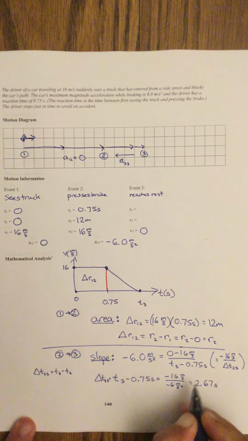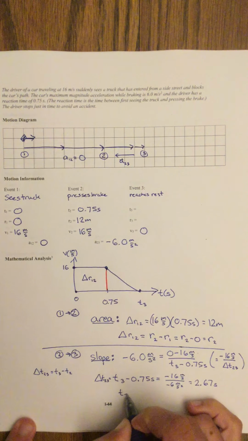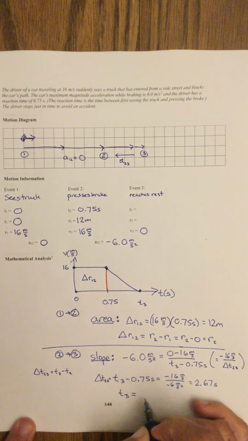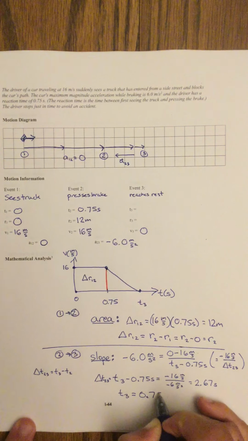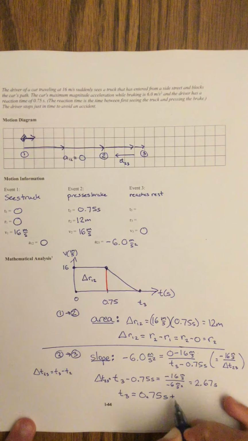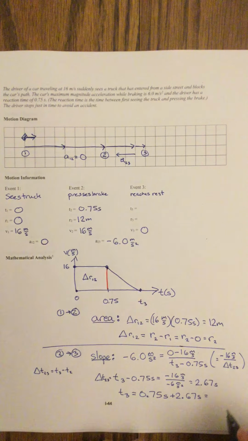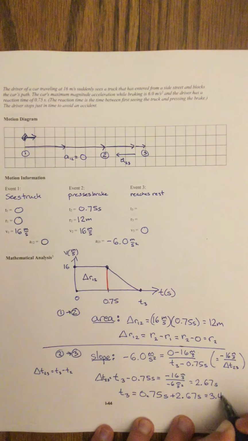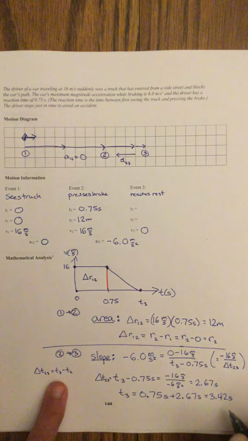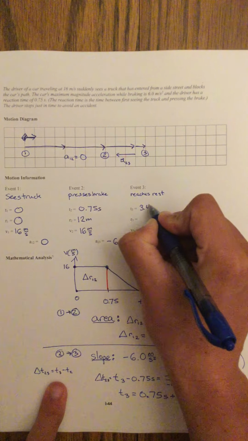If delta T23 is 2.67 seconds, then T3 is equal to 0.75 seconds plus 2.67 seconds, which is 3.42 seconds, and that goes up here.